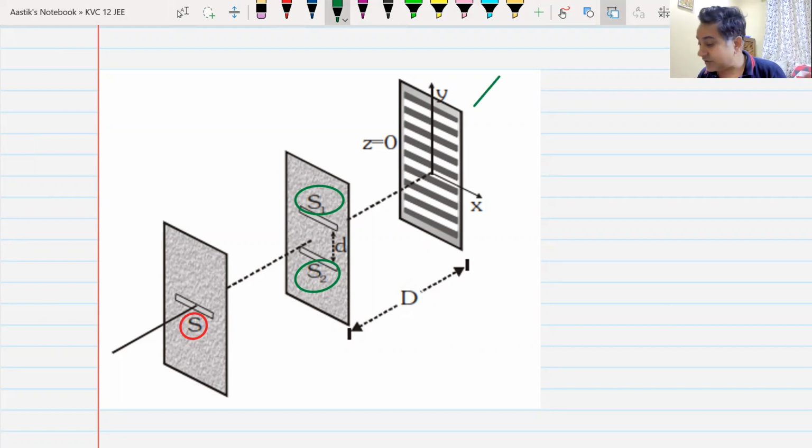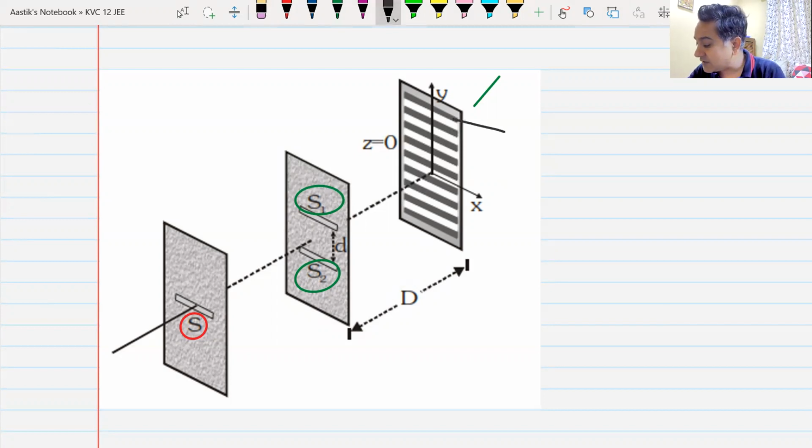And what you see here are some dark patches. All these are dark patches. So you see some dark patches and you see some light patches. Do we see this?